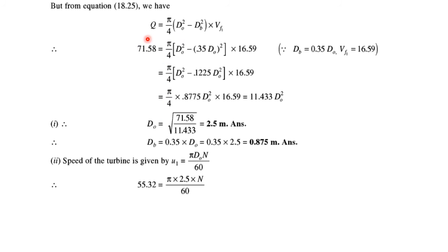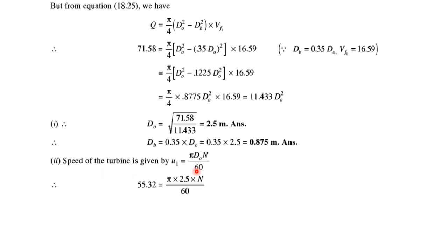By using the relation of discharge, that is equal to pi by 4 multiplied by dO square minus dB square multiplied by Vf1, we find the relation of Q and dO. So dO is equal to 2.5 meters and dB comes to 0.875 meter.